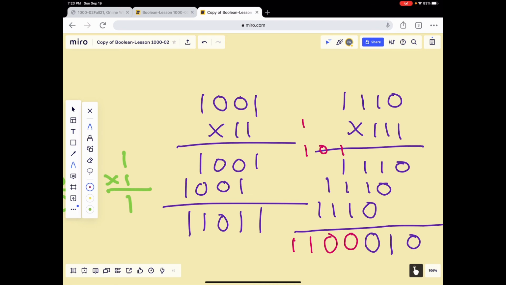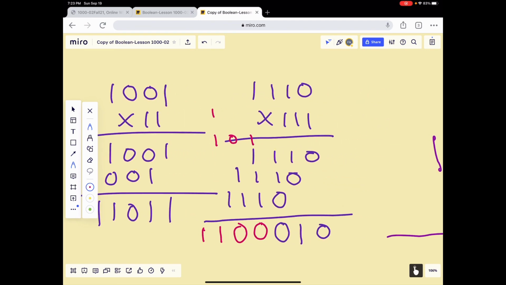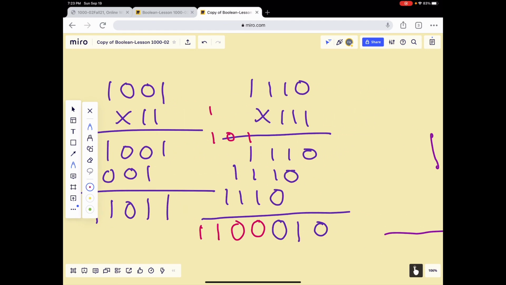Let's check the arithmetic to make sure the equivalent decimal is correctly indicated. So let's say this one. You have 1110, that means 14.